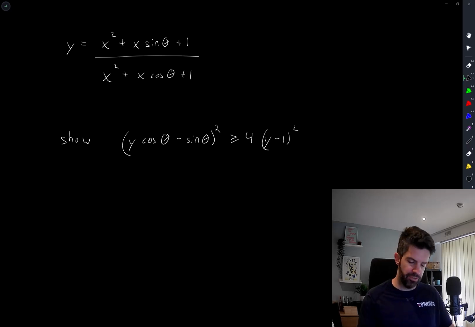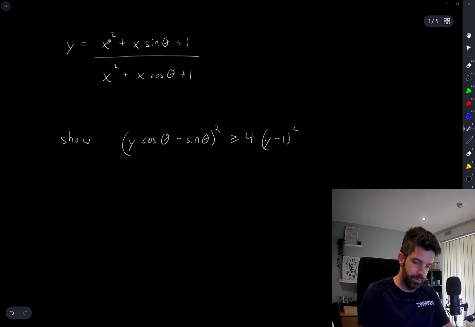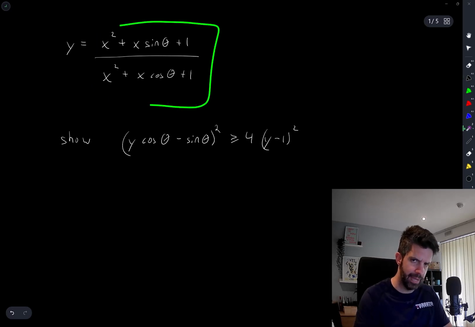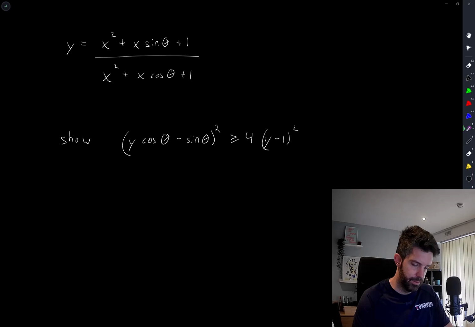I mean, part of me wants to maximize this as a function of x and see what happens. Or maximize or minimize. Maybe maximize and or minimize as a function of x and a function of theta.